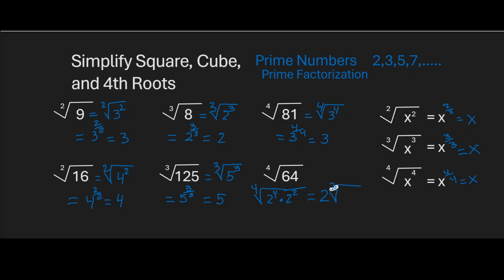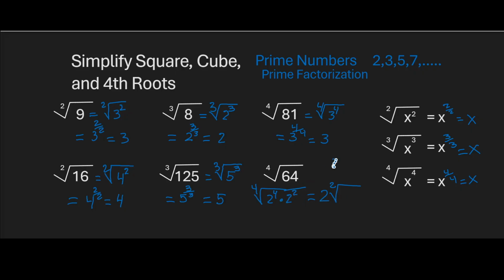But then can you see that this number 4 doesn't divide this exponent, right? Because it doesn't divide that exponent, this number 2 is going to stay inside the fourth root. Okay, remember, this number 4 is not dividing 2. So that one is going to stay.